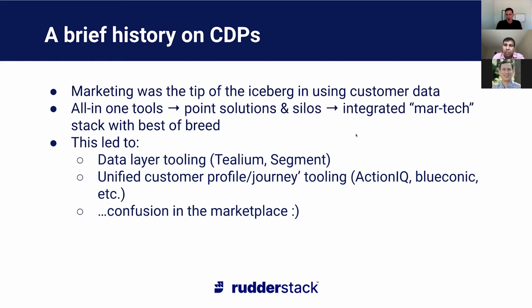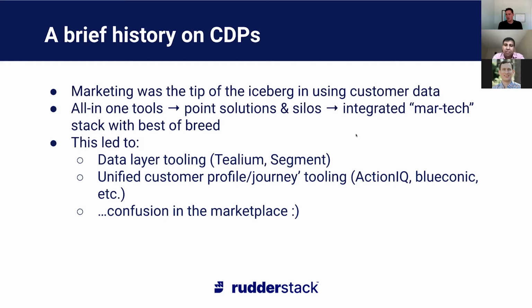And on top of that, and really at the same time, I think you saw a proliferation of CDPs that fall more on unified customer profiles and then sort of customer journey orchestration, right? So the Action IQs, Blueconics, et cetera. And it's funny because even though they fall into the same CDP category, they're really less about the data collection and more about actually actioning on the data, right?